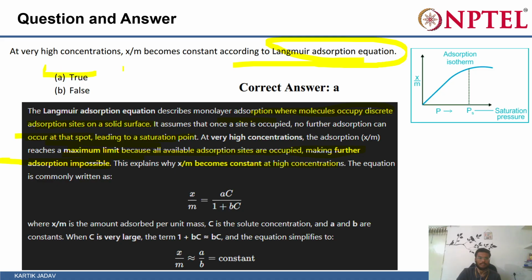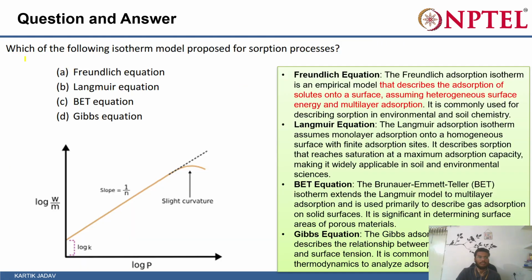A is correct. Next: which of the following isotherm models is proposed for sorption processes? So we know that the Freundlich adsorption isotherm is an empirical model that describes adsorption of solutes onto soil surface, assuming heterogeneous surface energy and multilayer adsorption.